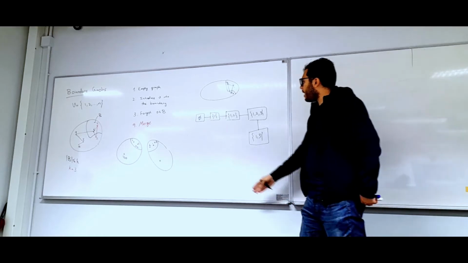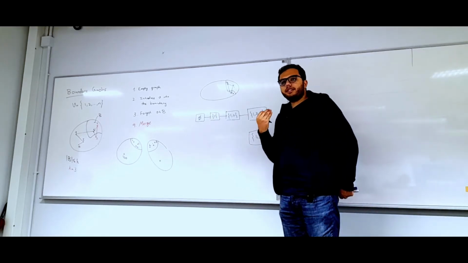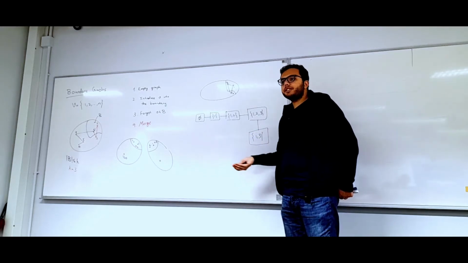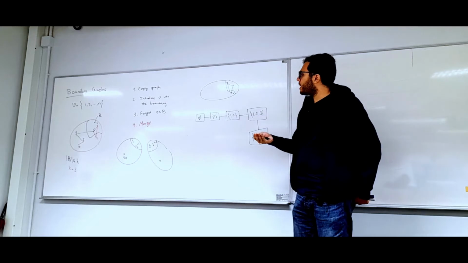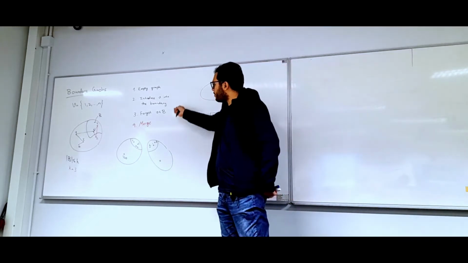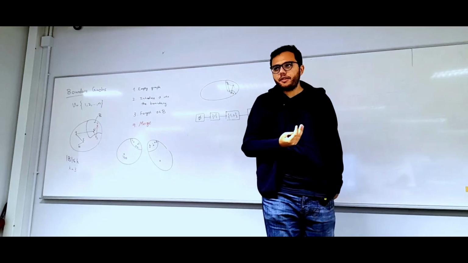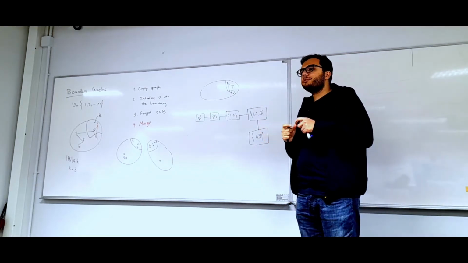So let's say I have a path decomposition, and let's say that this path decomposition has bags of size at most k. Can I create that graph using these operations of boundary graphs? And again, the answer is yes. The only difference is that when you get your path decomposition, you have to first make it nice.